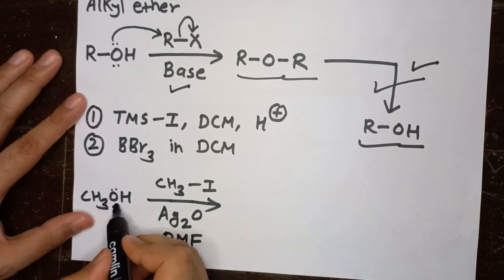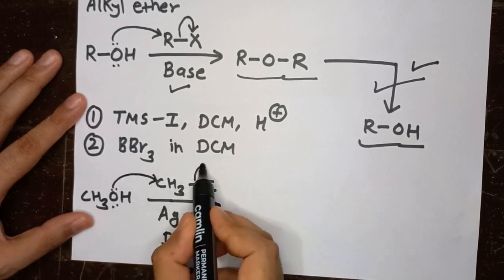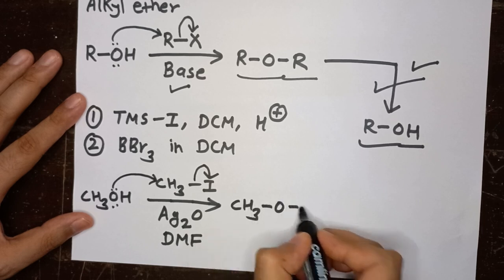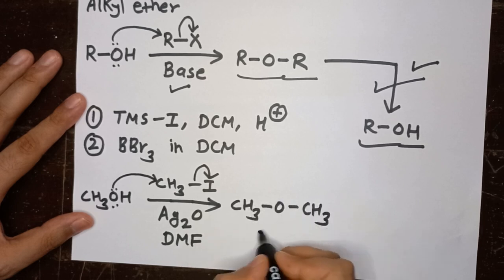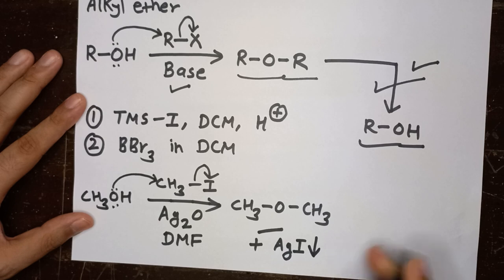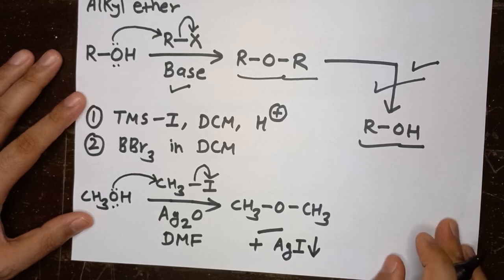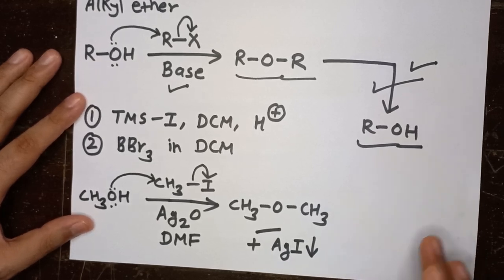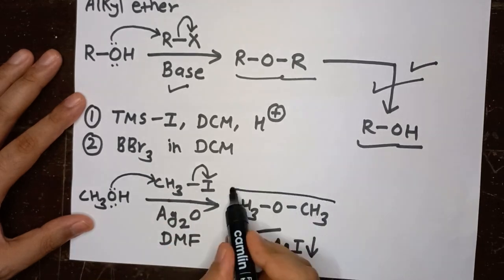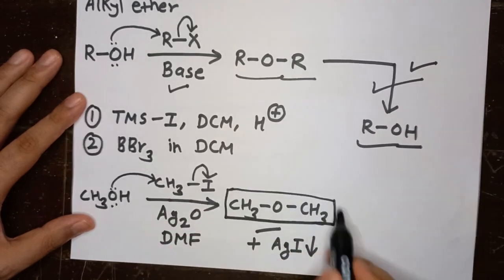We are protecting the alcohol group by forming an ether linkage, and this will generate this molecule. And what is the byproduct? The byproduct is going to be silver iodide, which will precipitate out in your reaction. So this oxygen lone pair attacks this carbon, iodine is going to leave, and you will simply form the protected product.